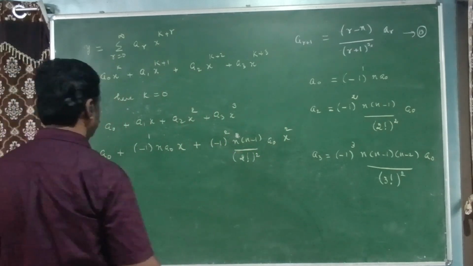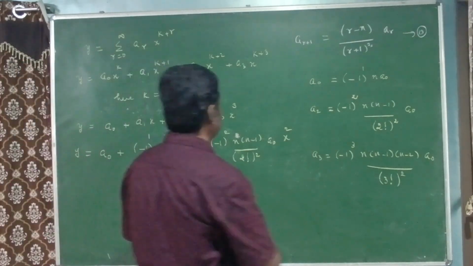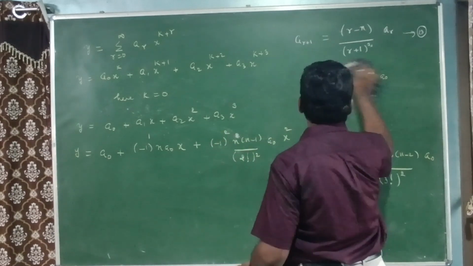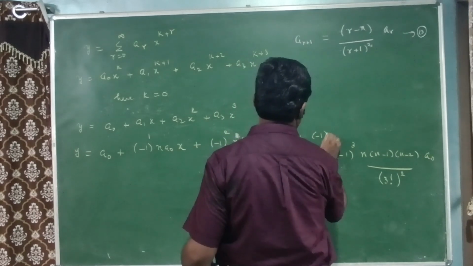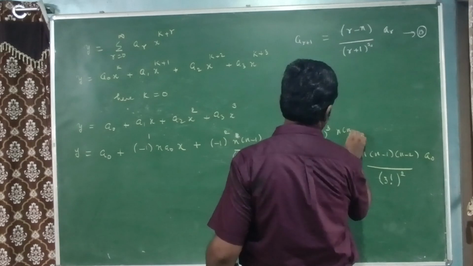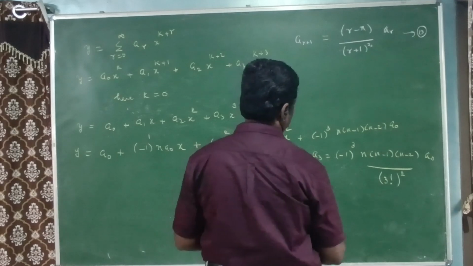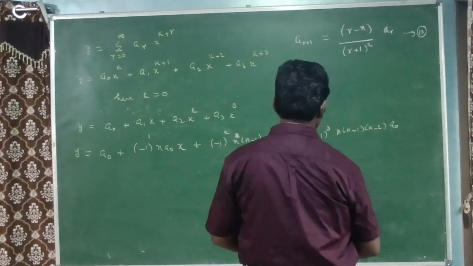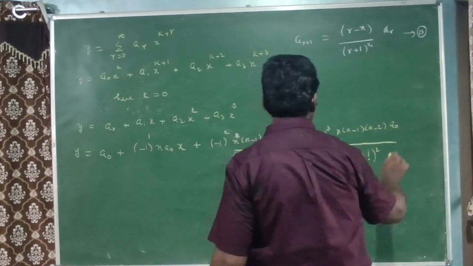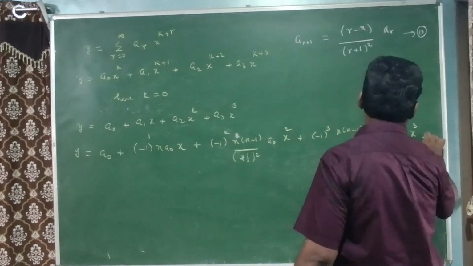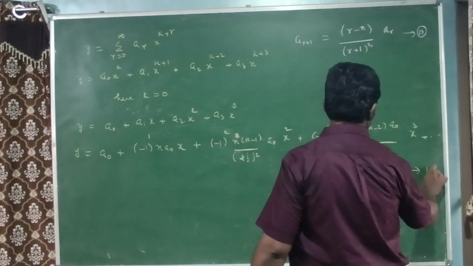Then substitute the value of a3, which is available: plus minus 1 cube n into n minus 1 into n minus 2 a0 divided by 3 factorial square, multiplied by x cube. In this way, the series is going on. Say this is equation 14.